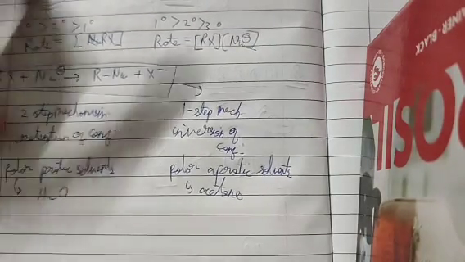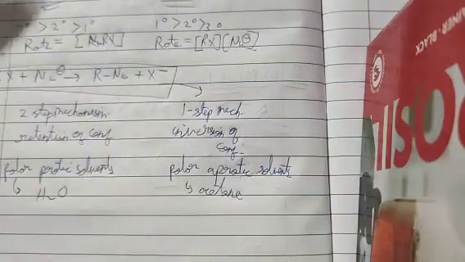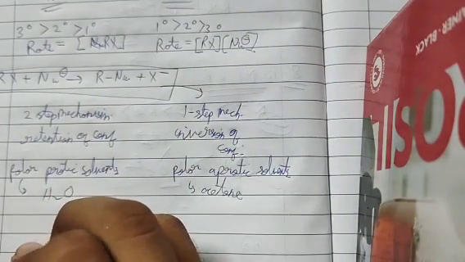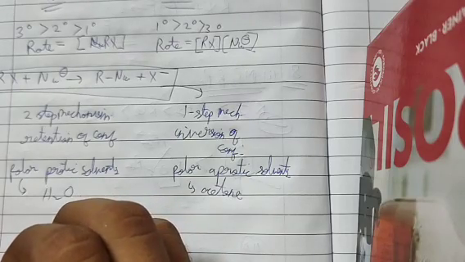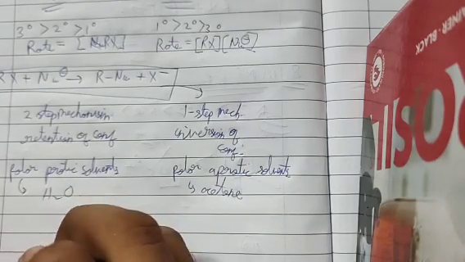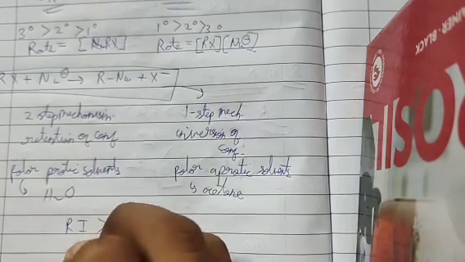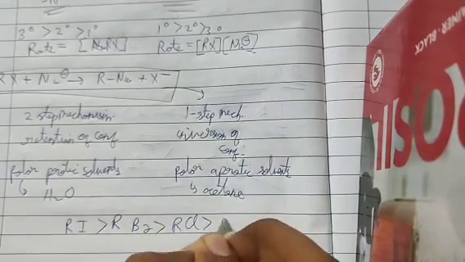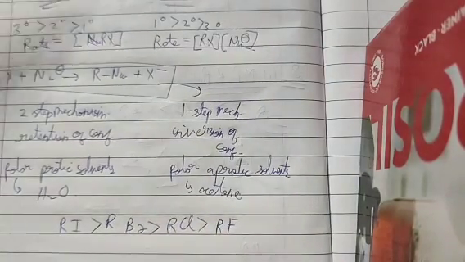Whenever you are considering either SN1 or SN2 reaction, in both the reactions, for the same given alkyl group, the reactivity of the halide will follow this order: iodo, bromo, chloro, and fluoro. Okay. Now one more thing.